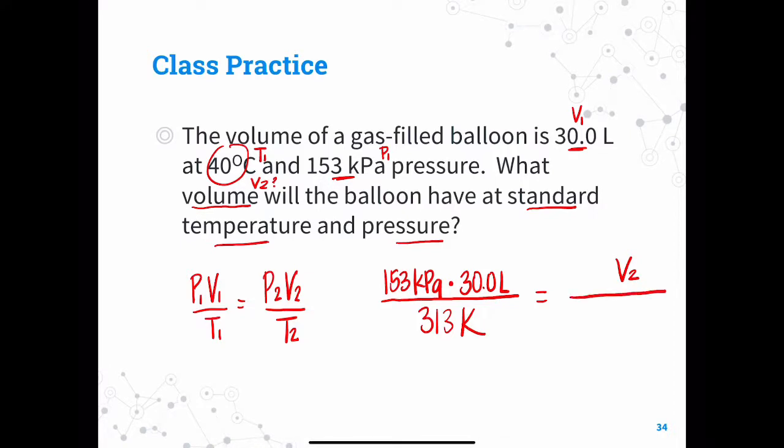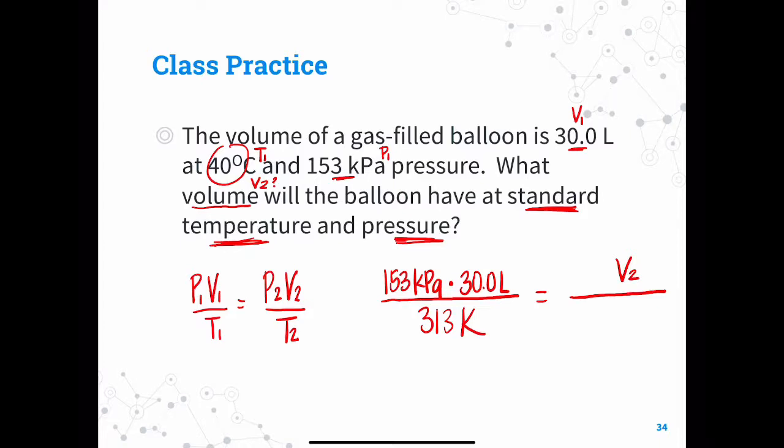But then you might say, Ms. Brown, I don't have any other numbers to put in here. Well, sometimes the problem will give you other numbers to put in there. And I think in both of your practice problems, it does. But sometimes it may do like this one and say at standard temperature and pressure. And so you have to ask yourself, what is standard temperature and pressure?